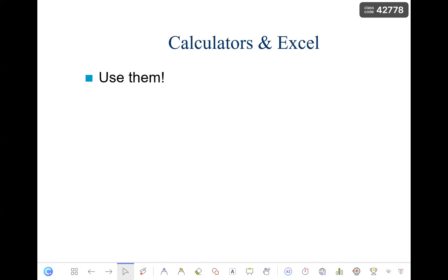How you input some of these financial formulas depends on the order in which you put them, depending on the calculator. So you're going to have to read the instruction manual. But I guarantee you it's going to be a lot easier than doing it by hand.